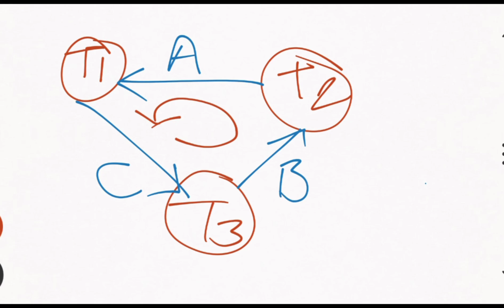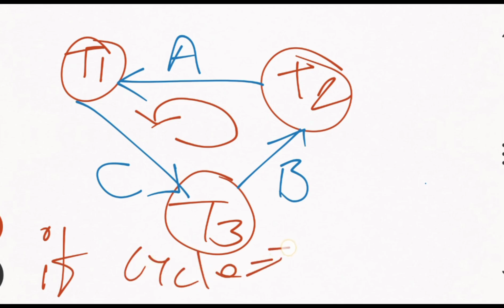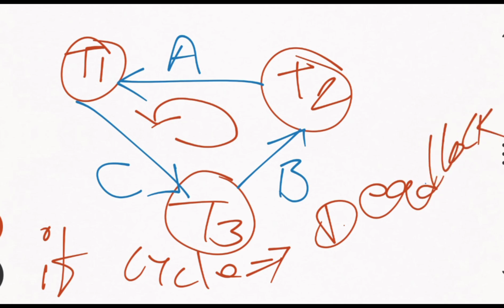If there is a cycle, it means there is a deadlock, so the deadlock will get detected.